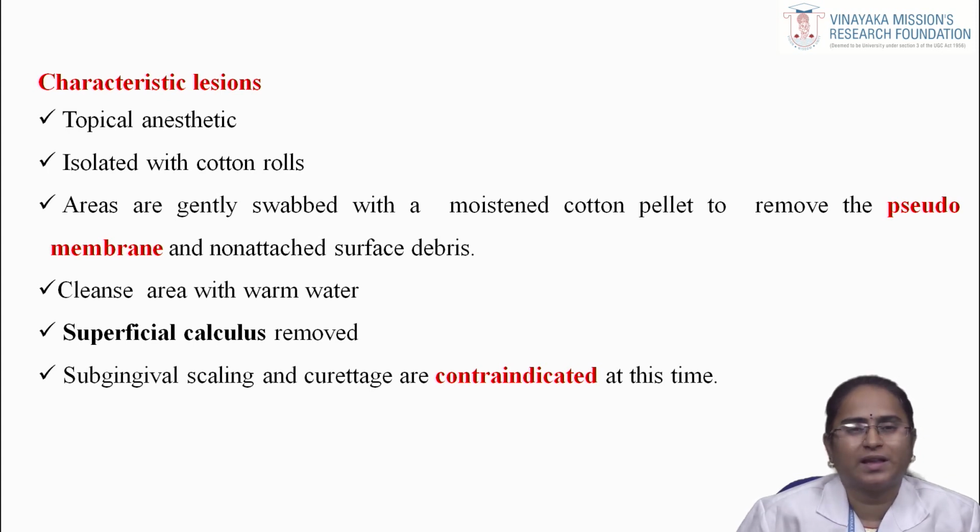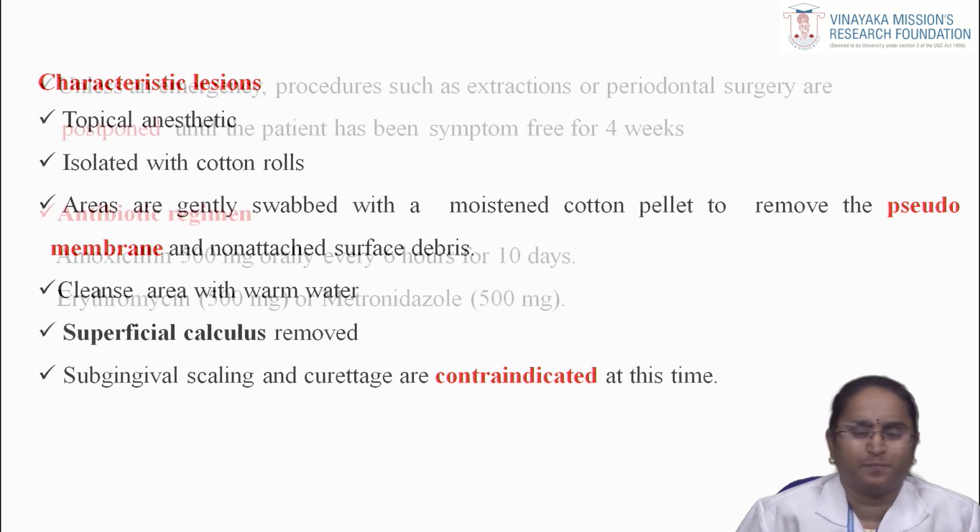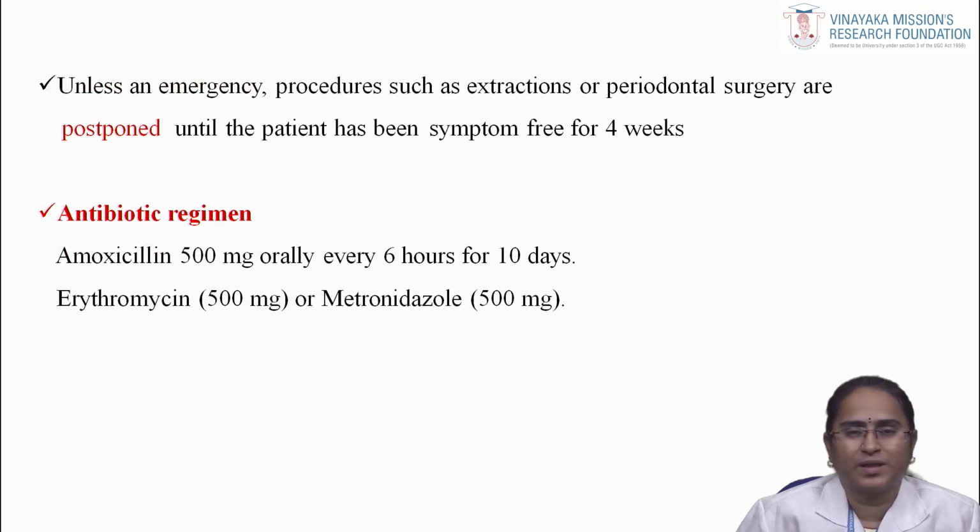Subgingival scaling and curettage are contraindicated at this time, because the condition may diffuse into the deeper tissues and further provoke the lesion. Unless it is an emergency, procedures such as extraction or periodontal surgery are postponed until the symptoms are relieved.